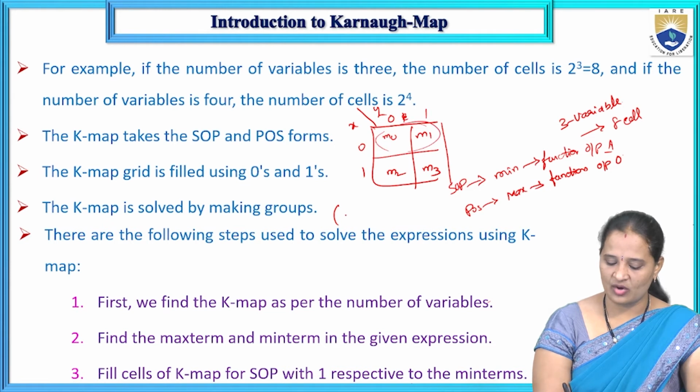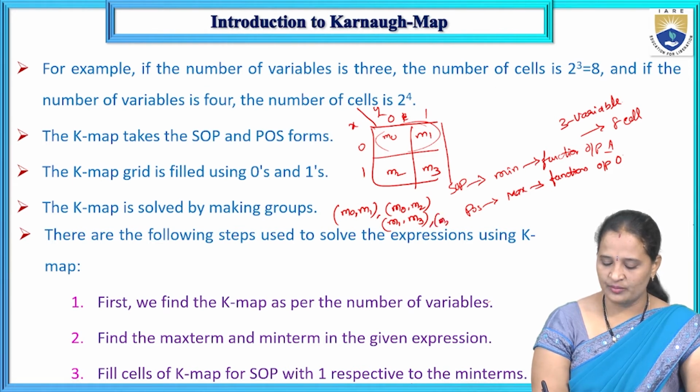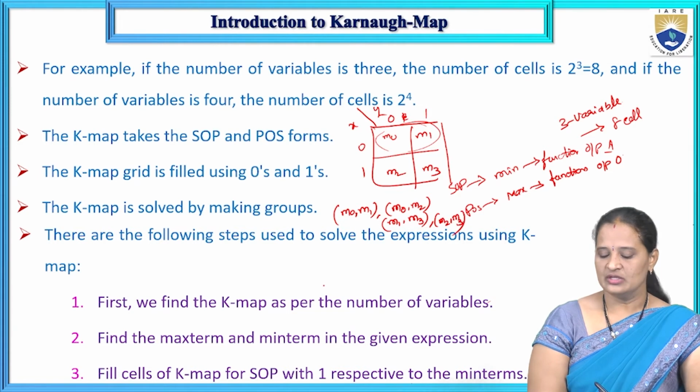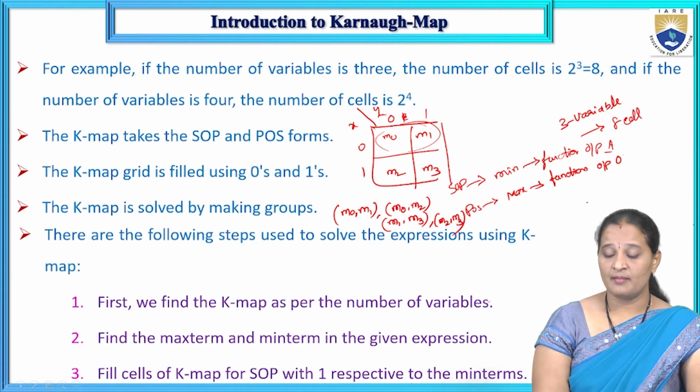I can form a pair of M0, M1, okay? And one more, I can also form a pair with M0, M2, and I can form a pair with M1, M3, okay, and next M2, M3. So these are the 4 possible pairs that I can form in a 2 variable K map.